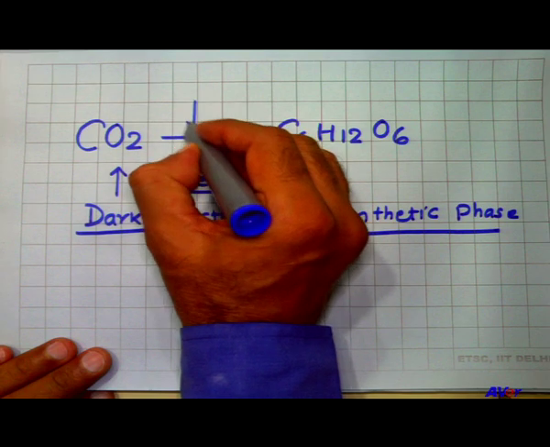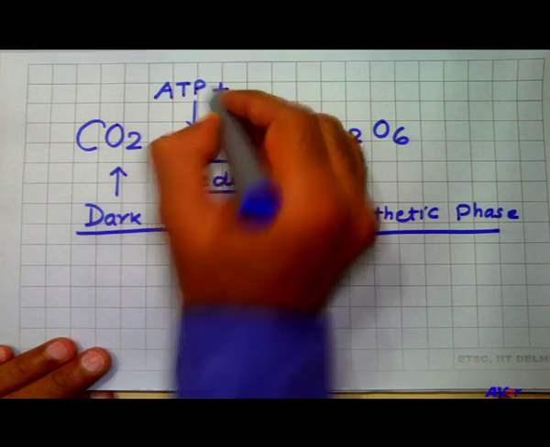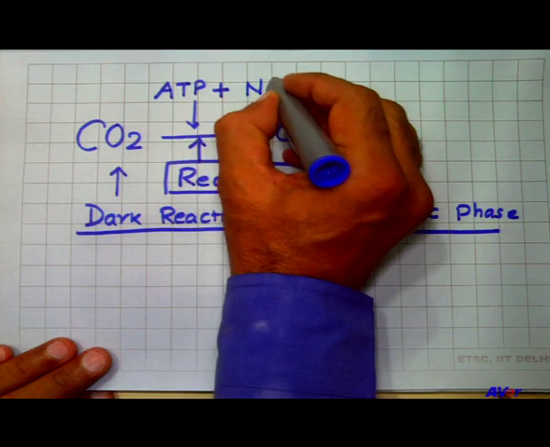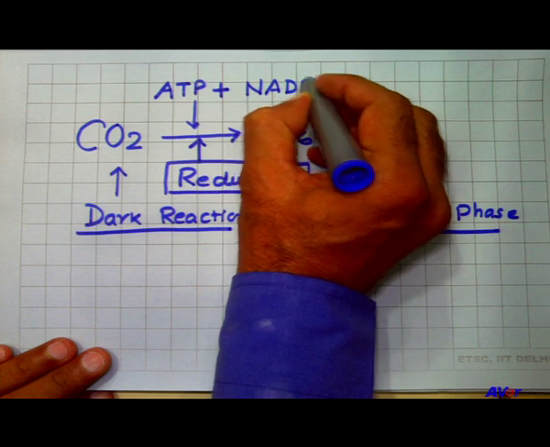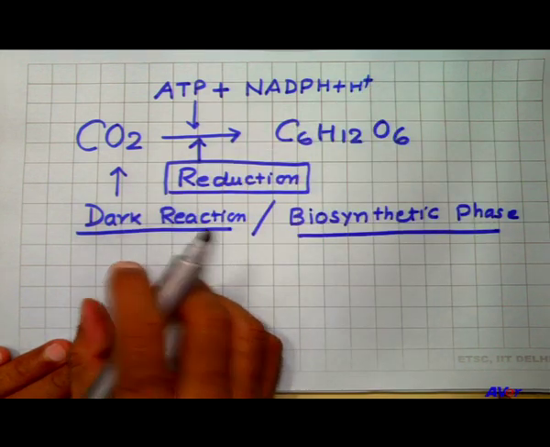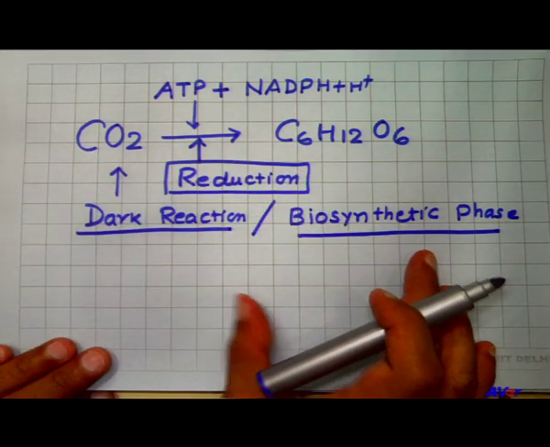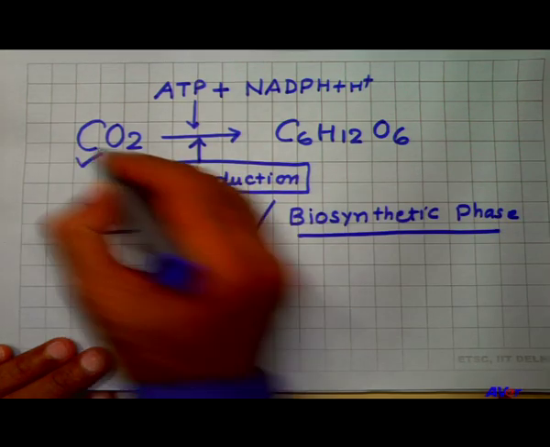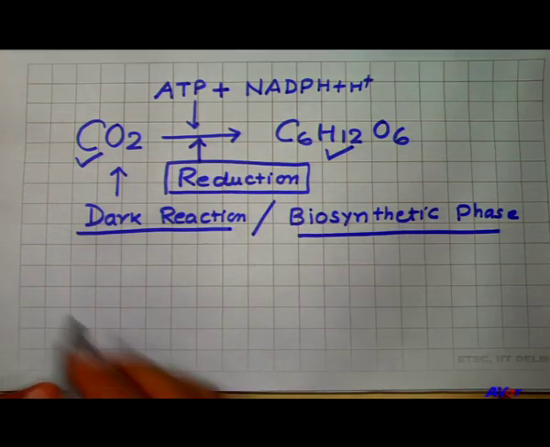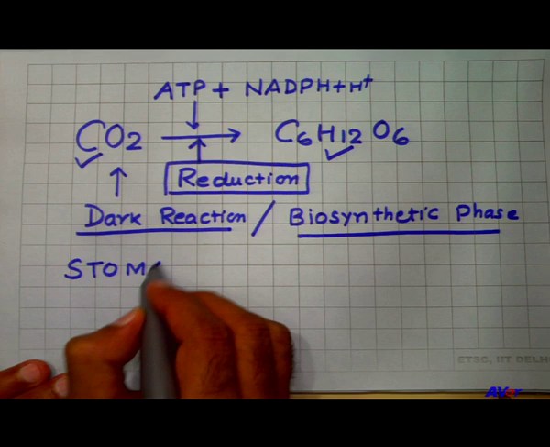This hydrogen and energy, which is already made by the plant during the light reaction in the form of ATP and NADPH plus H plus, NADPH2, is utilized in the dark, in the absence of light, and this carbon dioxide is fixed into carbohydrate. It takes place in the stroma, as we have already discussed.